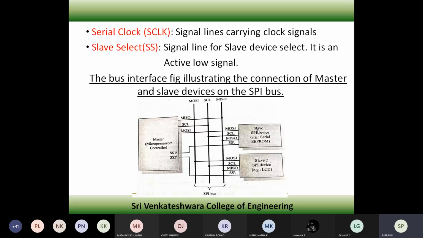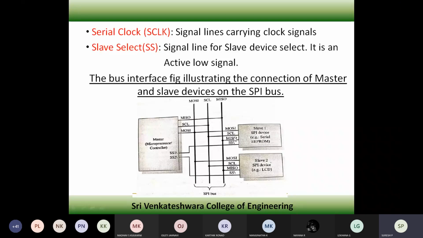Now, your master selects the required slave device. Okay, how is it going to select? By driving the select signal low. That is the slave select signal. So if I send a low signal to SS1, that is slave select 1, then it is going to select slave 1.